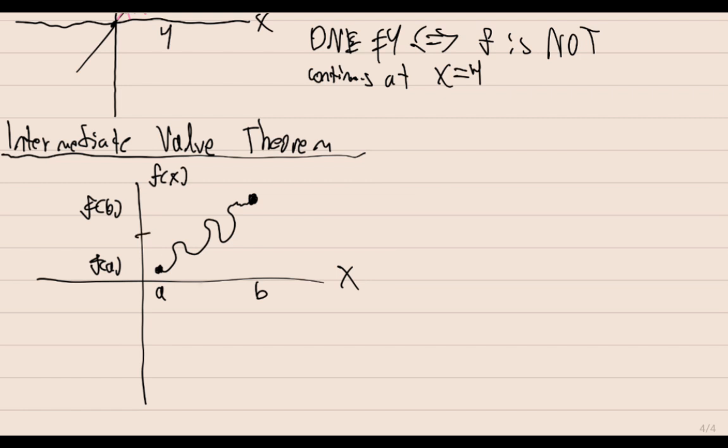That tells us that we have some value in here, f of c. It tells you that this value has to exist. There must be a point, at least one point, at which your function crosses this threshold.